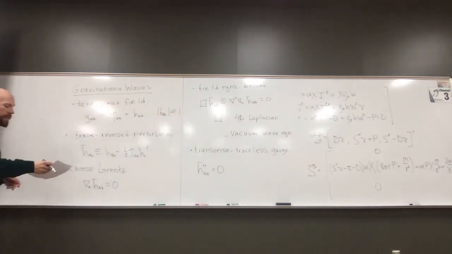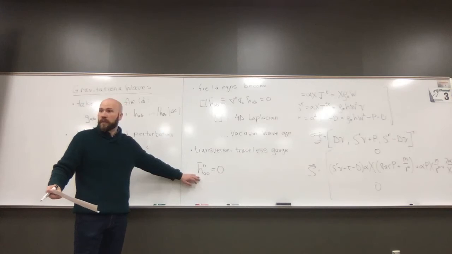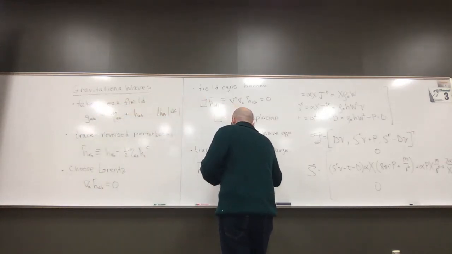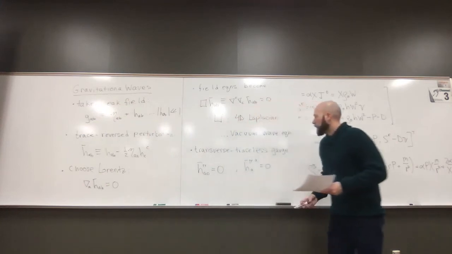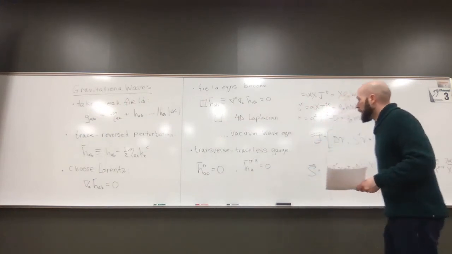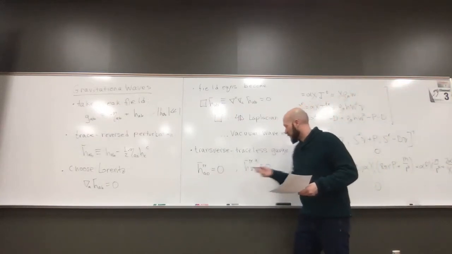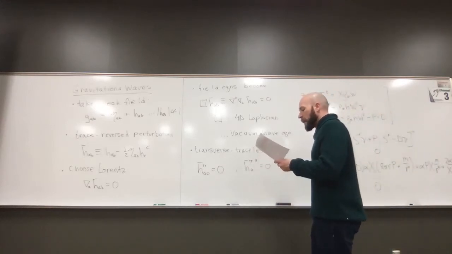So that means that the only non-zero components of this h bar AB are purely spatial. So I'm getting rid of the time components and making this purely spatial. And then the other thing that we're going to do in transverse traceless: h bar TT downstairs A, upstairs A equals 0. Now, A's are indices, so I'm taking a trace there. Right? Traceless. Transverse, traceless. Purely spatial, traceless. Cool.